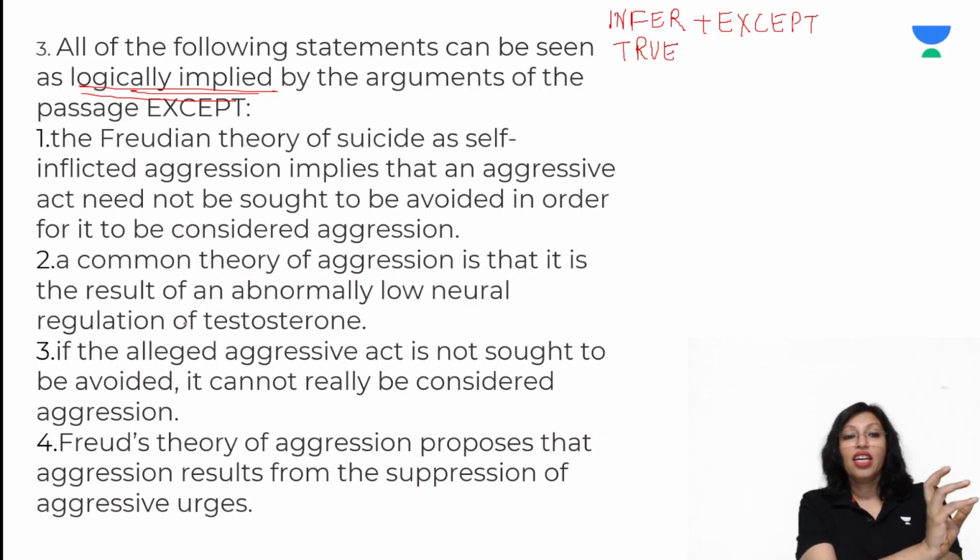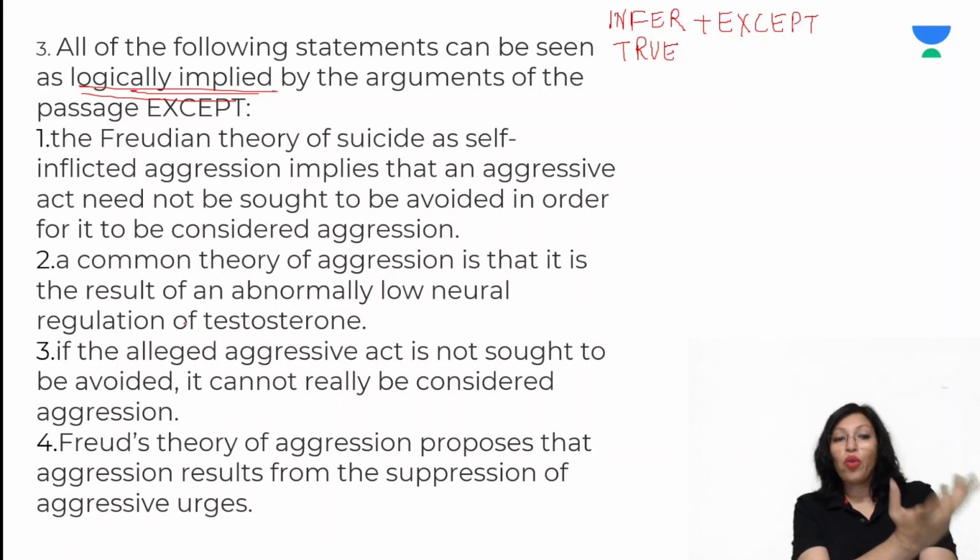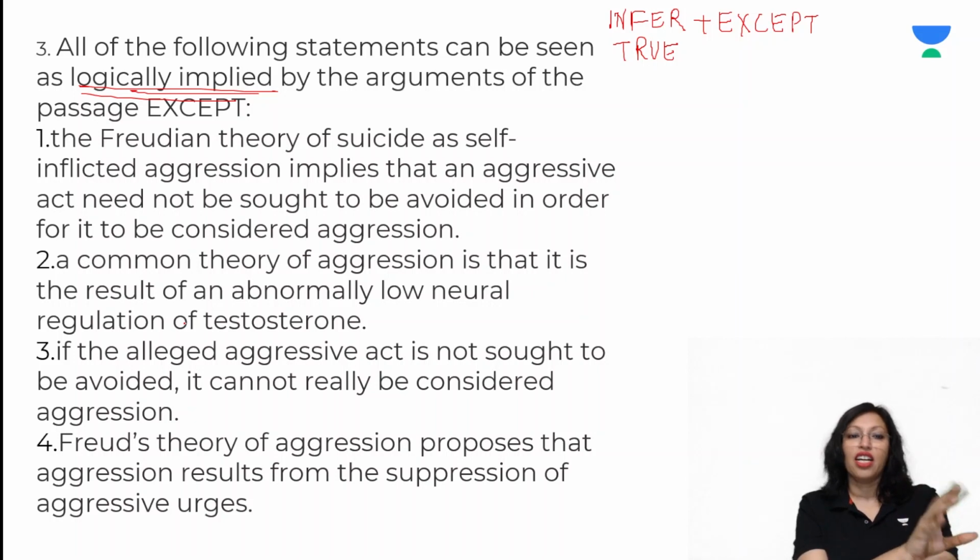It implies that you do not have to go out and look for an aggressive act and avoid it in order for something to be considered aggression. So just the thought that is there, that itself is aggression. Yes, we can infer this to be true. So I will write true here.